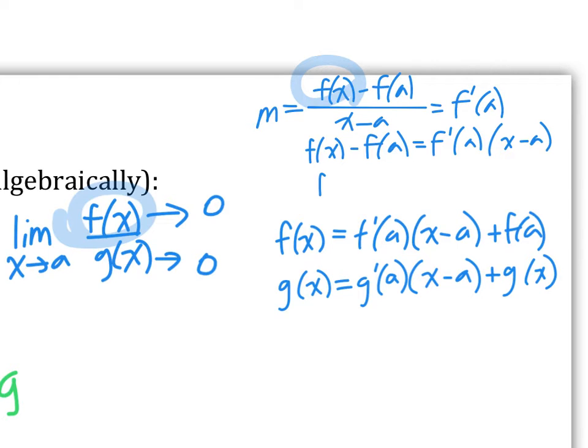And then we add f of a. Do you remember this? Okay, so what we're going to do now is plug both of these into this definition, into the limit. However, I wrote this wrong. That should be a.